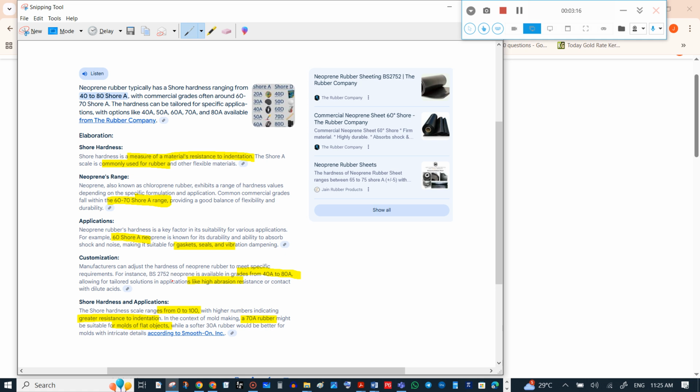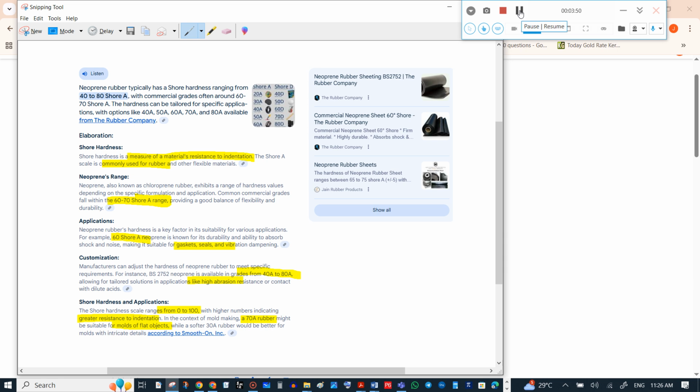It is available from 40 to 80 grade, and the shore hardness scale ranges from 0 to 100, higher numbers indicating greater resistance to indentation. So softer 30A rubber will be suitable for molds with intricate details, while 70A rubber might be suitable for molds of flat details. So that is shore hardness.